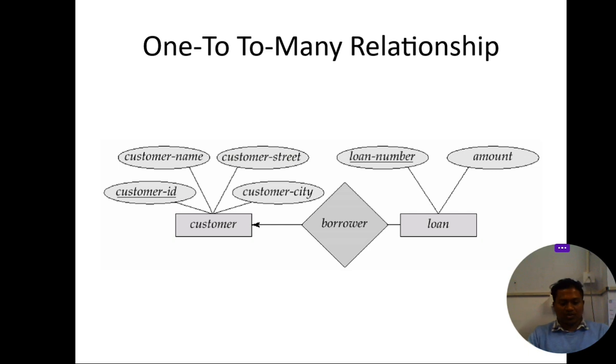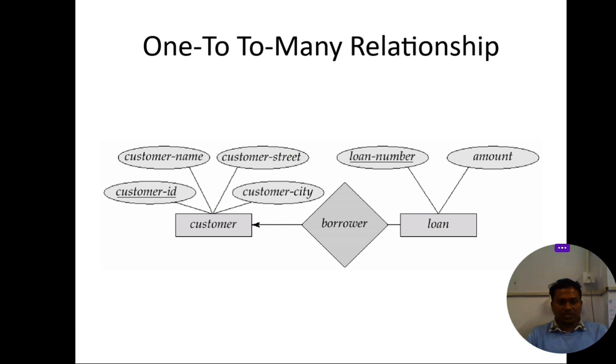First come to the one-to-one relationship. A customer is associated with at most one loan via the relationship borrower. A loan is associated with at most one customer via borrower. This is the one-to-one relationship.